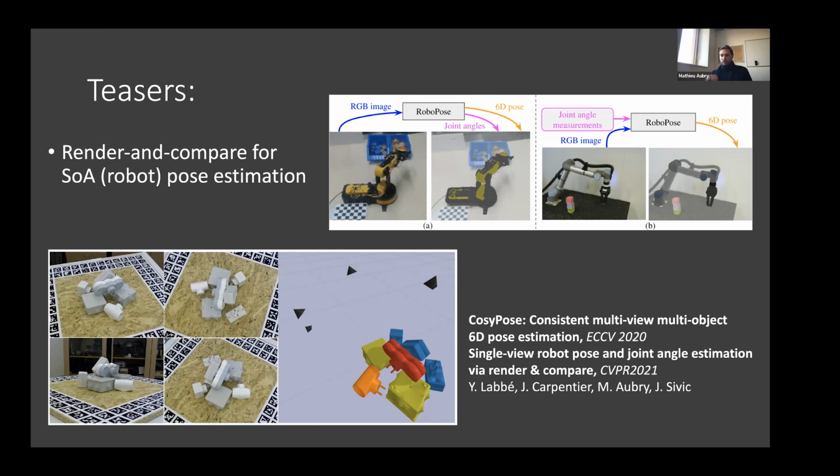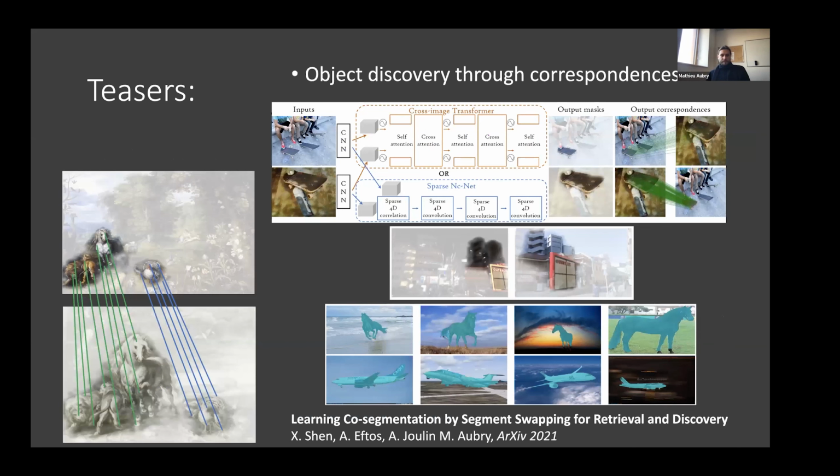But I think you have the same logic of trying to generate the scene, comparing what you generate with the reality, and trying to make a better generation of the model. And so this works extremely well for object pose estimation and robot pose estimation.